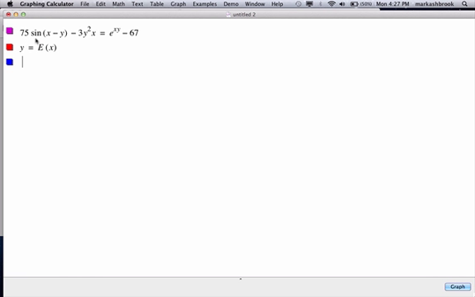So here's our first term, 75 sine of x minus y. We're going to differentiate, or take the rate of change, with respect to x. So what's the overall structure? The overall structure is 75 times sine, so that derivative would be 75 cosine.